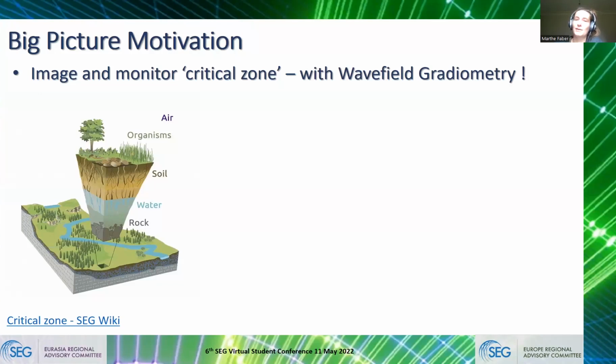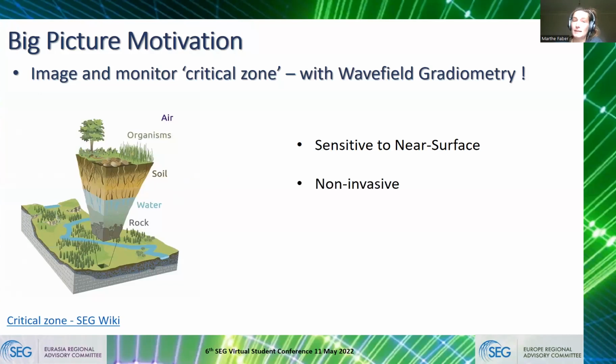So why do you think gradometry could be beneficial to this task? First of all, gradometry is sensitive to the physical properties of the near subsurface. Typically, we expect it to be able to image subsurface properties accurately in the upper 300 meters.